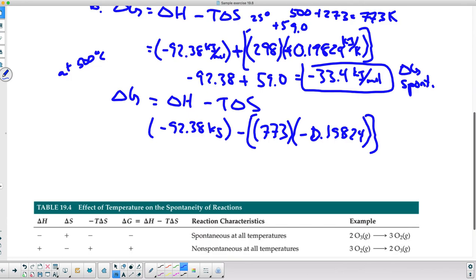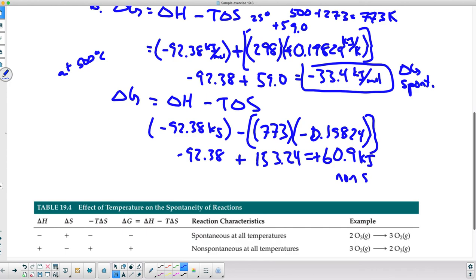I got a positive, because this ends up being a positive 153.9, and this is a negative 92.38. So what happens here is we end up with a positive 60.9 kilojoules, and that is non-spontaneous.